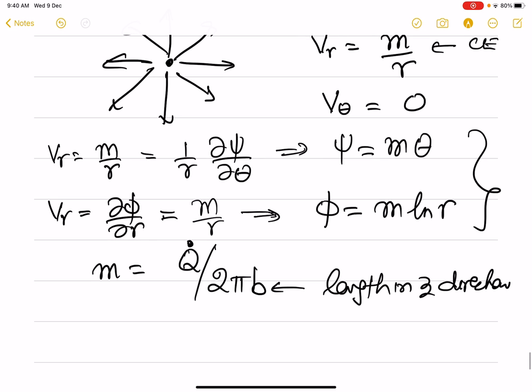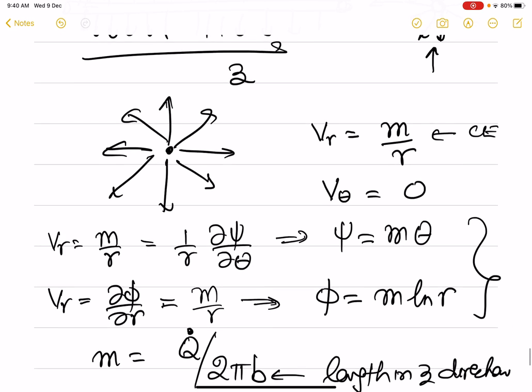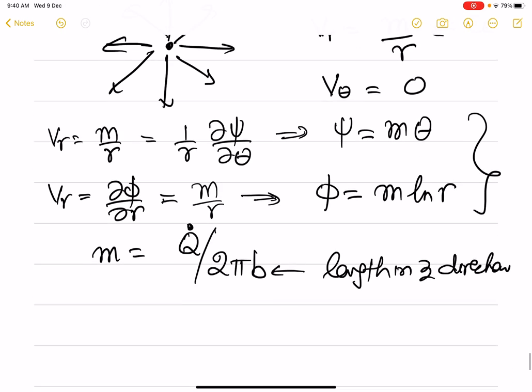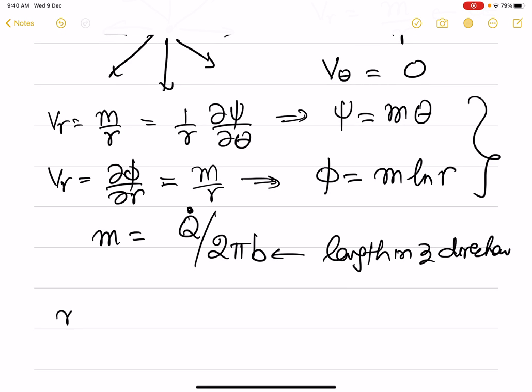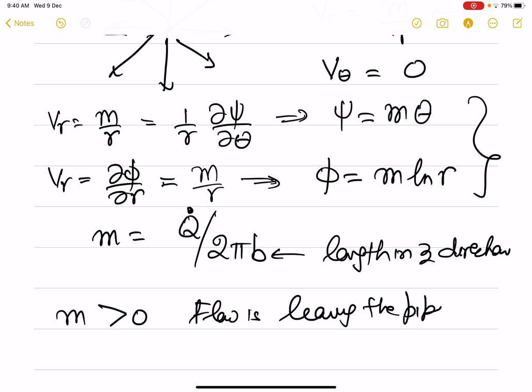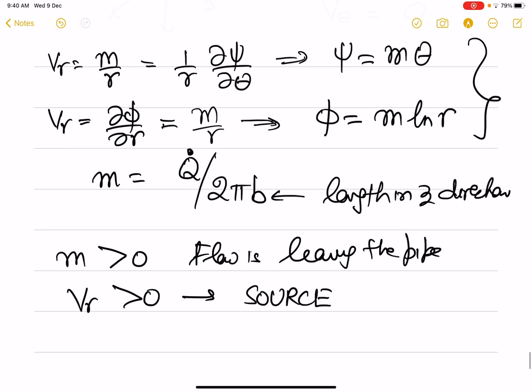So this flow will also satisfy the potential flow condition, because del square psi and del square phi are equal to 0, as we have seen that log r and theta satisfy this. Now in this flow, if m is greater than 0, then the flow is leaving the pipe. Vr is greater than 0, and this is what we call a source, or a line source.